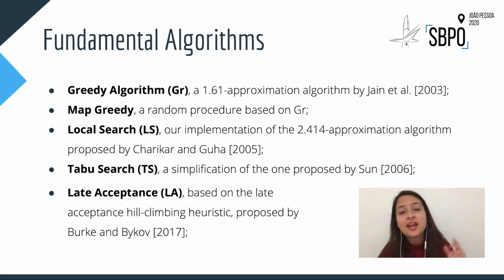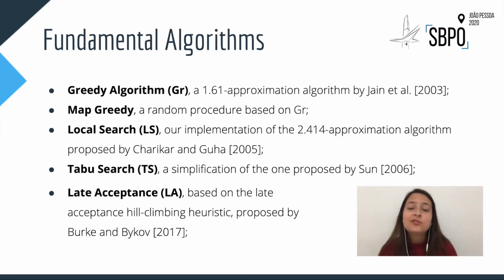The tabu search and the late acceptance are both metaheuristics derived from local search, but unlike local search, they both accept non-improving moves in order to escape from local minima. They also consider just the simple moves, open or close a facility. The tabu search is a simplification of the one proposed by Sun, in which we use just the short-term memory.